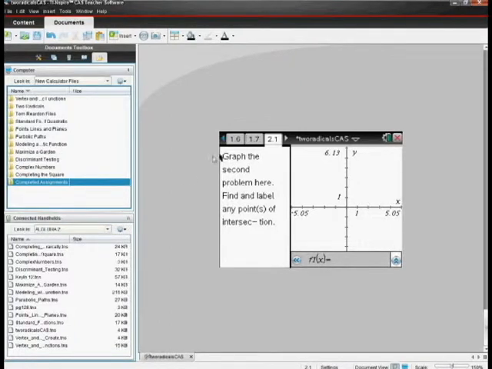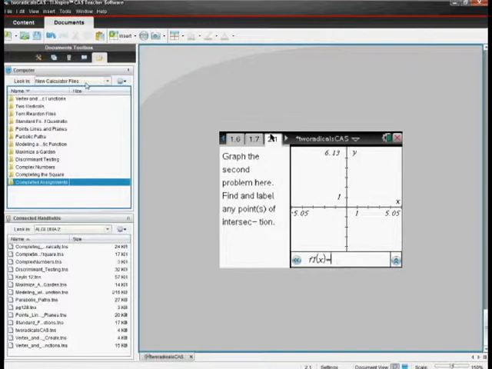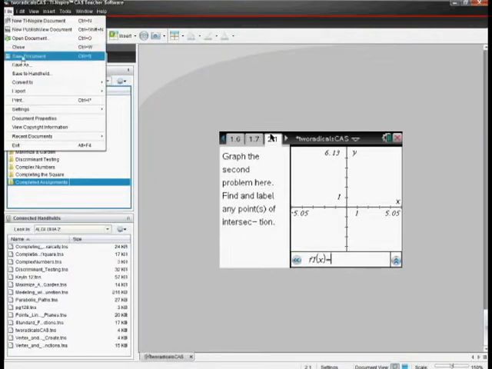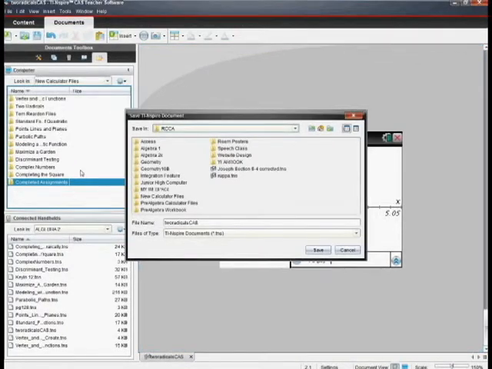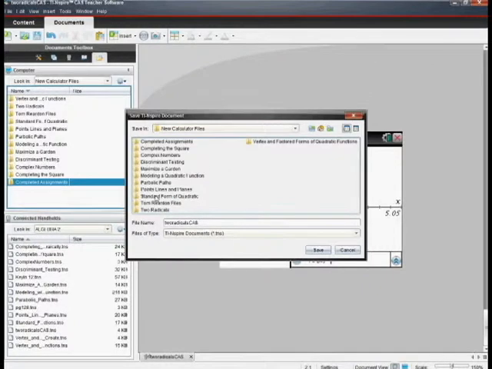Now, let's say I have this, because I have 2 radicals here, and I'm going to save that. So I can say File, Save As, because I don't want to destroy the original copy that I had, and it's going to ask me where to put it. I'm going to go to my new calculator files, and I have this new folder called Completed Assignments.